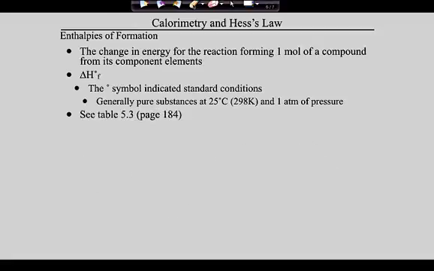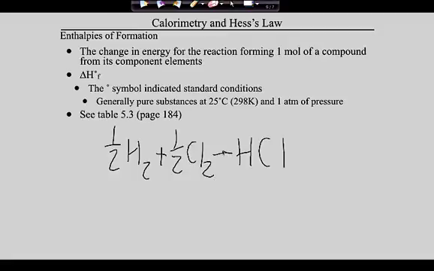Well, what does that mean? Well, to make HCl, we need half a mole of H2 and half a mole of Cl2. And when that bonds together, it makes 1 mole of HCl and 92.3 kilojoules of energy comes out. Do you see how this all fits together?